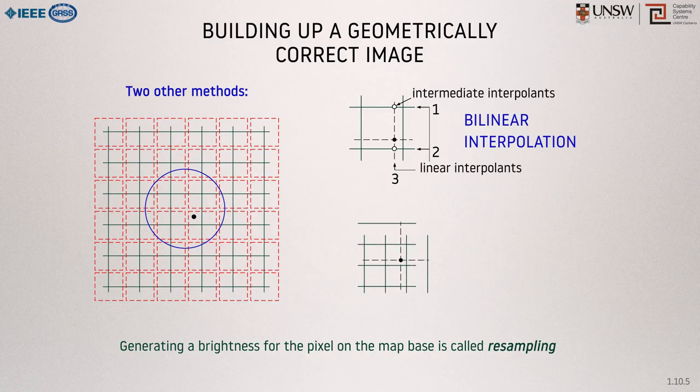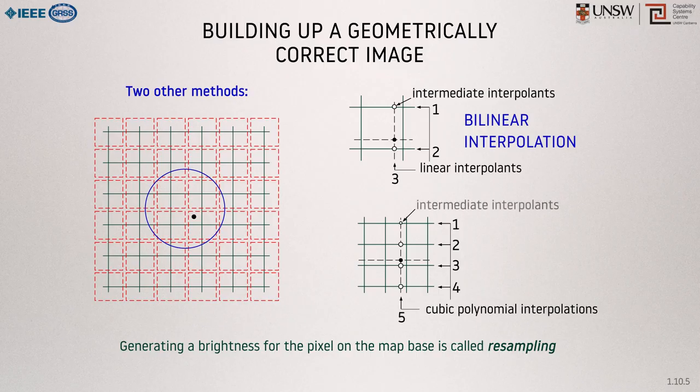The second, more sophisticated procedure is to interpolate over 4 sets of 4 pixel brightnesses, as illustrated on the bottom right-hand side of the slide, and then interpolate over the 4 vertical intermediate interpolants. Cubic polynomials are used to undertake the interpolation, so that the technique is generally called cubic convolution resampling.